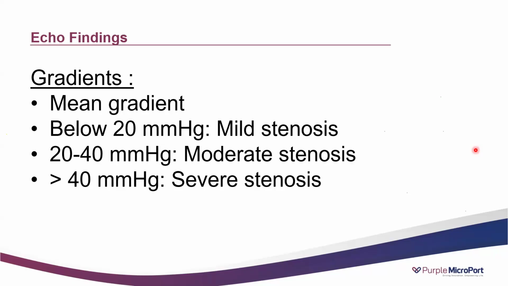Is it clear, or should I explain once again? Clear. Anyway, when we study some clinical trials, you will understand. But understand that your effective orifice area, the AV area, should be more than 1.5, and the mean gradient should be in single digit. That ensures you have done a successful TAVI procedure.